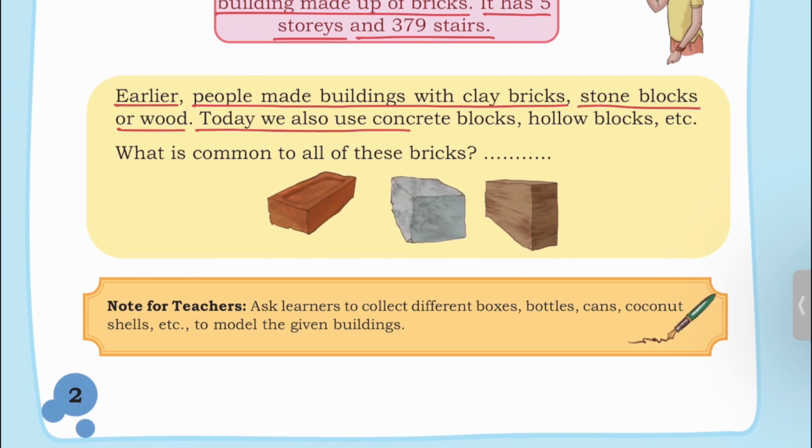Today, we also use concrete blocks, hollow blocks, etc. What is common to all of these blocks? You can see clay bricks, stone or wooden blocks. All are rectangular in shape.